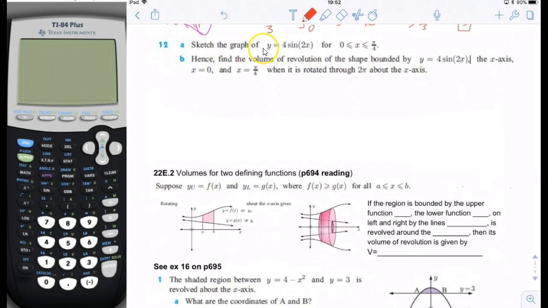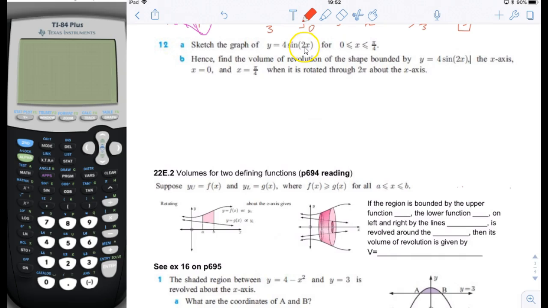Sketch the graph of y equals 4 sine 2x for 0 to pi over 4. Then find the volume of revolution of the shape bounded by the function, the x-axis, x equals 0 and x equals pi over 4, when it is rotated through 2 pi about the x-axis. This graph is just a regular sine function, twice as narrow as normal.